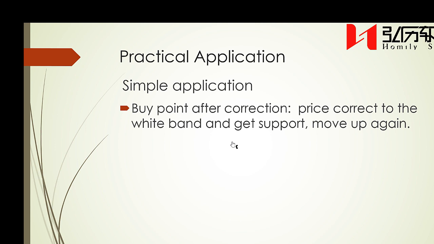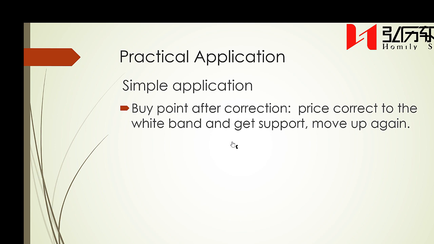And also another buy point is when the price corrects, and we should find a buy point after the correction. The price corrects to the white band and gets support. So here it will move back up again because it gets the support from the white band, right?